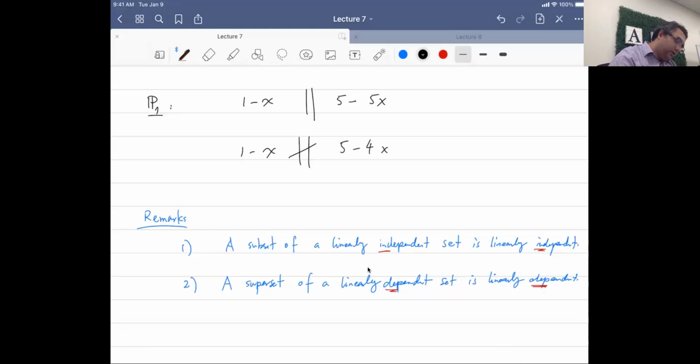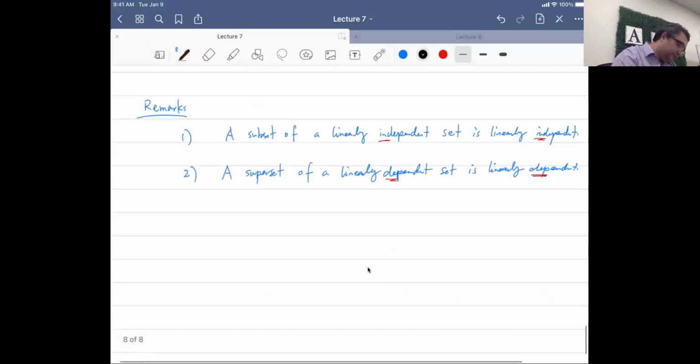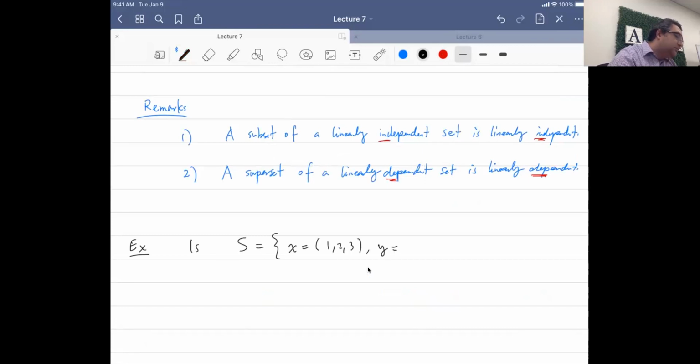So in an R3 example, is this set linearly independent? X equals (1, 2, 3), Y equals (0, 3, 2), Z equals (-1, 1, -1). Is this set linearly independent? How do I answer this question? Obviously, this is in R3.